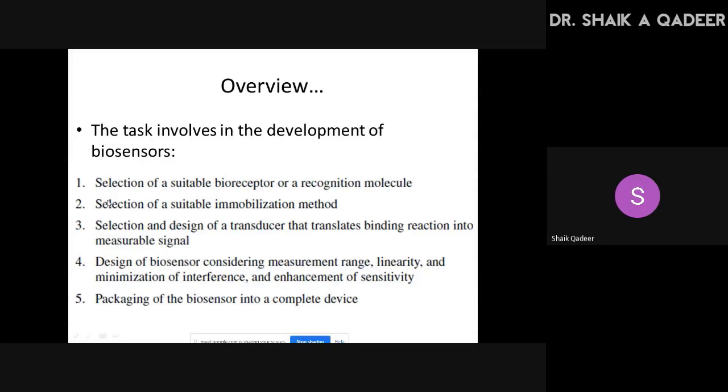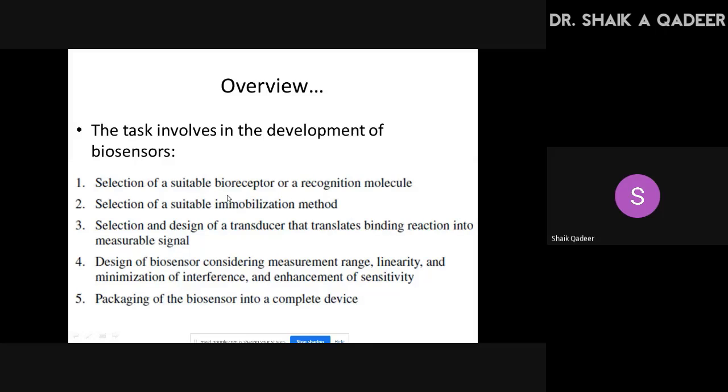The first one is selection of a suitable bioreceptor. Already I told you, bioreceptor selection is the first and primary task in the design of a biosensor. Usually it is done by a chemical engineer.